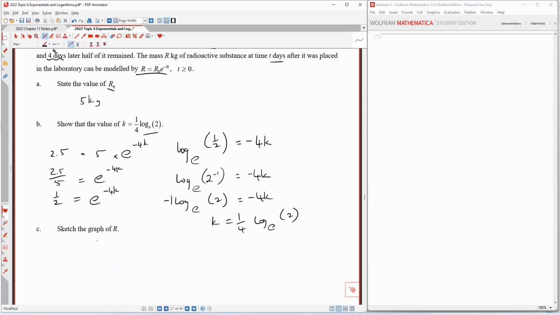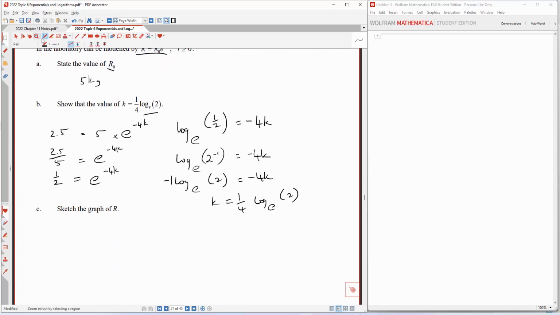Right, sketch the graph. Well, don't know how much detail to go into really, but I know it's decay, so knock together your axes like so. What are the variables? Time, I presume, and R. The initial amount is going to be 5, and it's going to sweep down like this and asymptote along here.